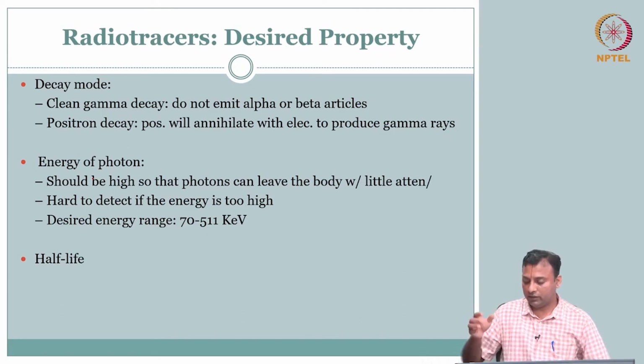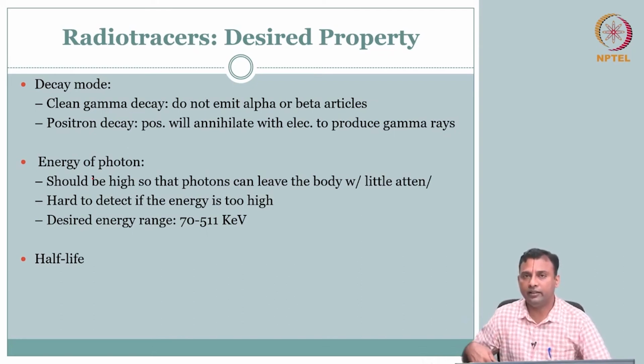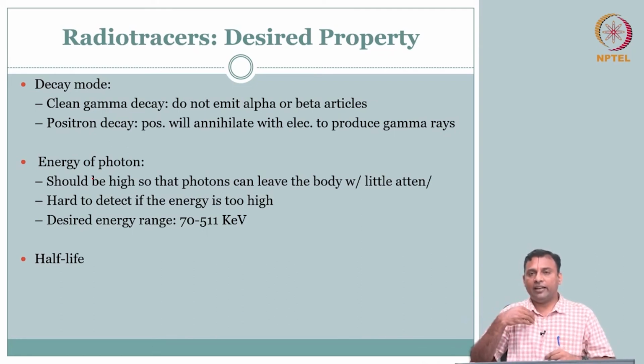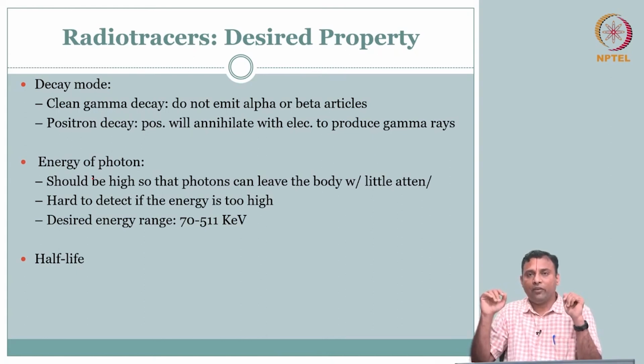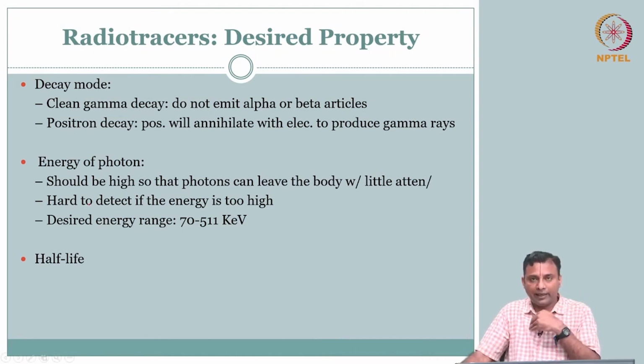We talked about this earlier. Your thickness of the detector, all those things we talked about in X-ray, similar issues will come here. So you need high energy so that it doesn't interact with the body, but if it is too high, it will be difficult to stop it in the detector as well. So you have to make sure it is not too high. Roughly this is the range that is operated.